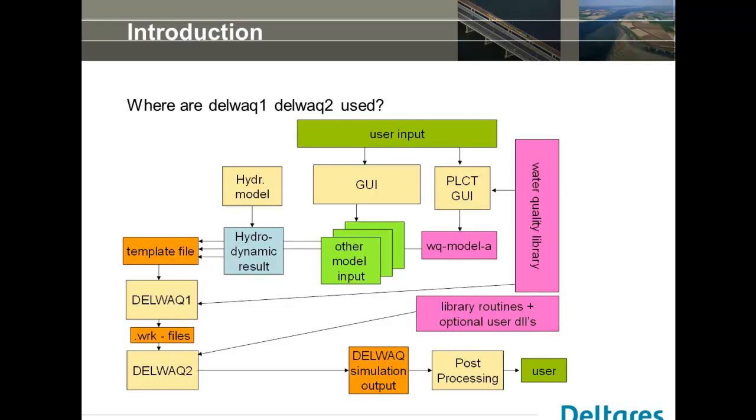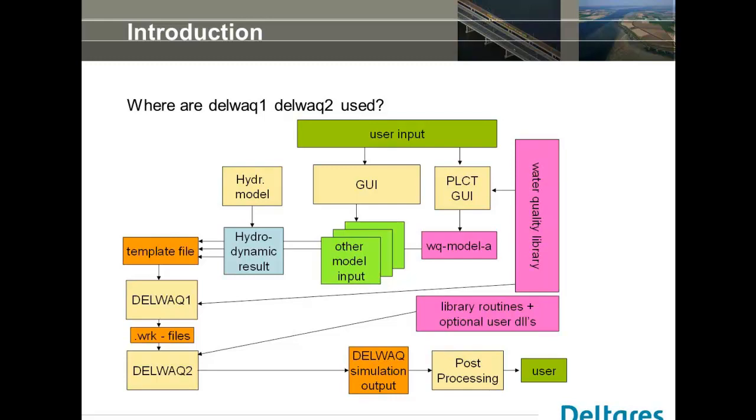You can use that to create a water quality model together with other user input, for example, obtained through a graphical user interface. You can get the other model inputs such as initial conditions, boundary conditions, and loads to the surface water from substances. And that, together with a hydrodynamic simulation result, will be a set of input files for DELWAQ 1.